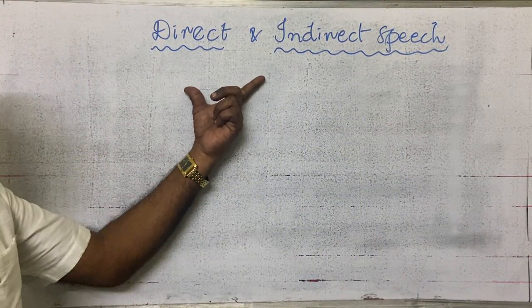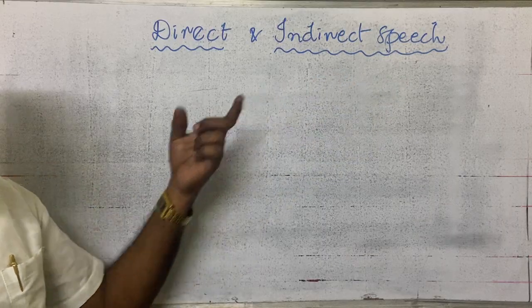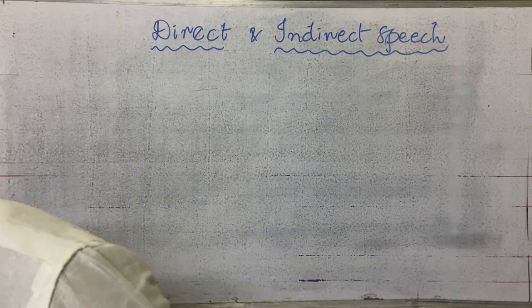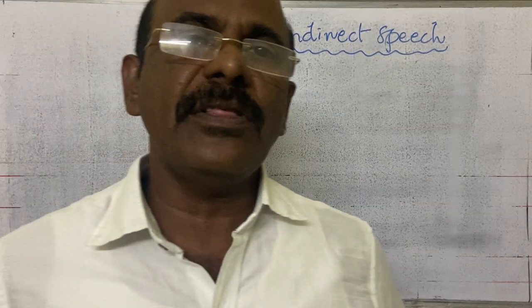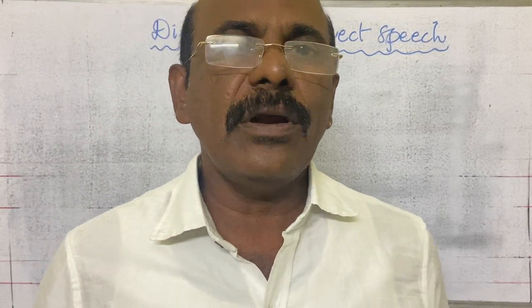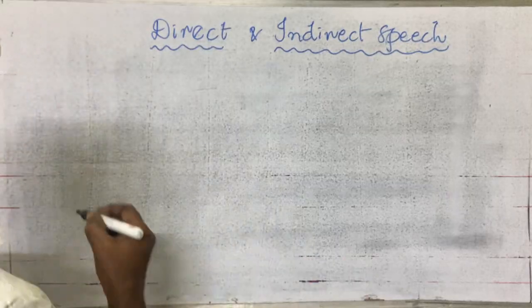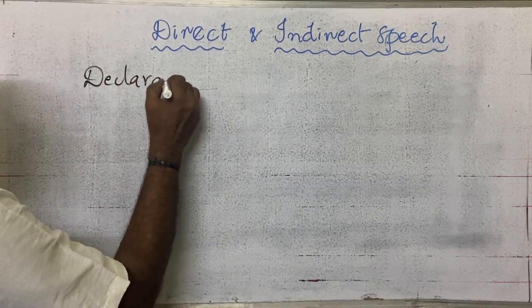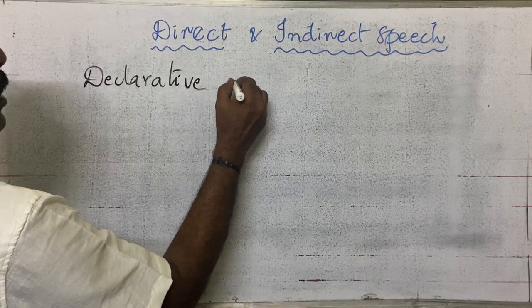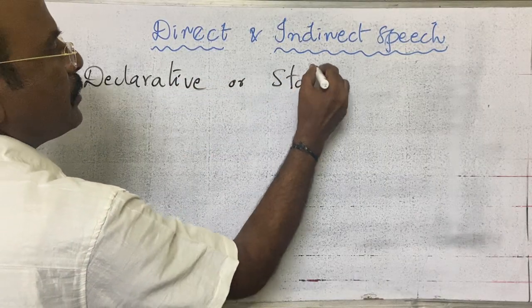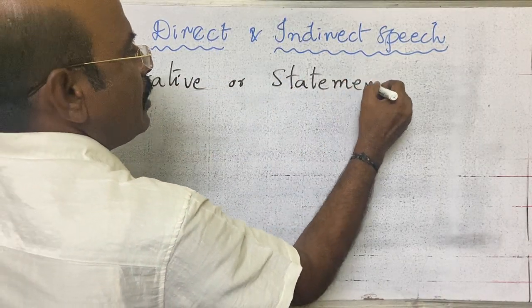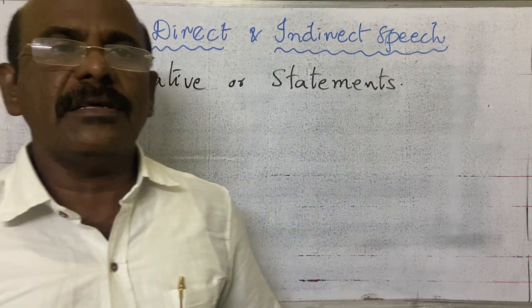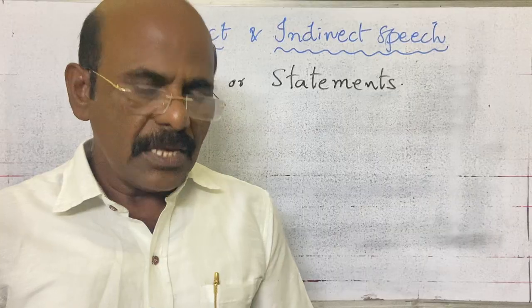Now, before we verify these, we first have the four types of sentences. Among them, the first type is declarative sentences, or statements. This kind of sentence starts with a subject.